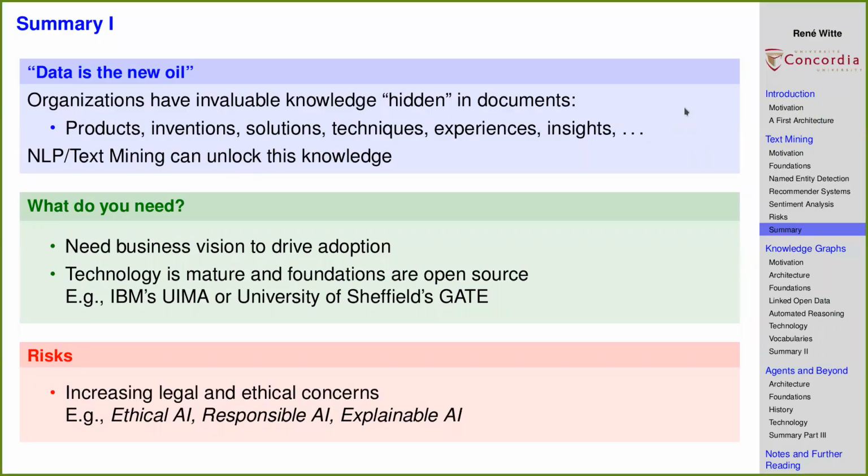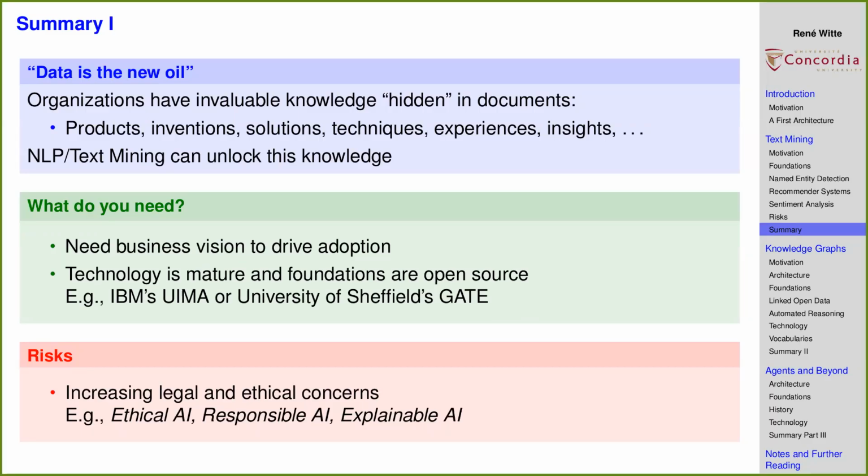Okay, so to summarize what we've covered in this first aspect, the key phrase that you very often hear these days: data is the new oil. For businesses, for companies, for organizations, research institutes, it's the data, the information they have that is essential for their work and for their success. And a lot of this data is in the form of natural language documents.